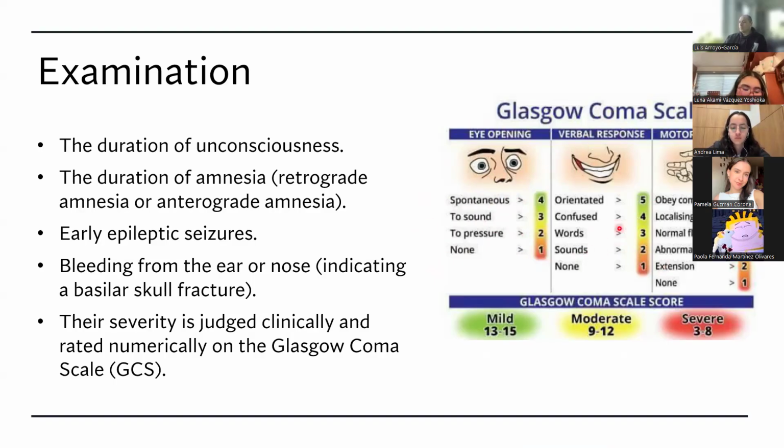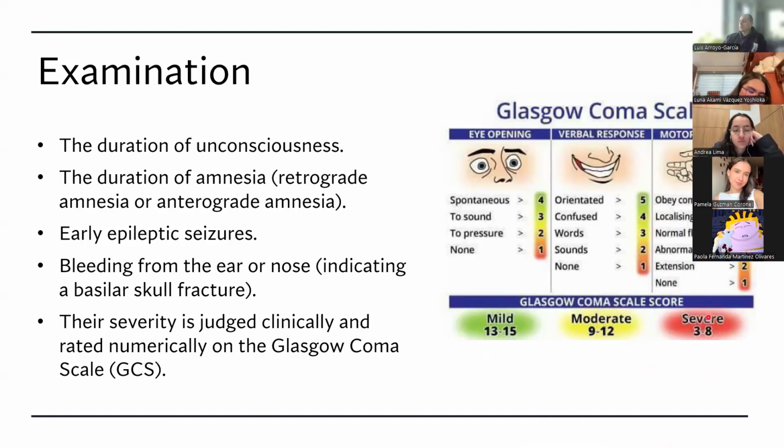Then verbal responses, like in the movies: can you tell me which date is today, what you were doing, etc. And then the motor response: normal flexion and abnormal flexion, whether they can follow everything, or there is nothing.